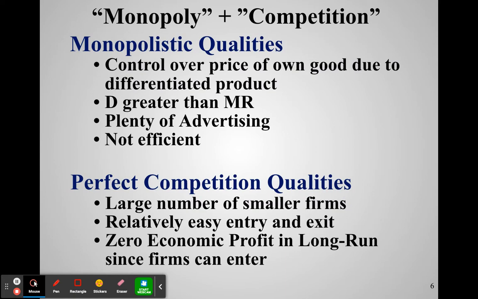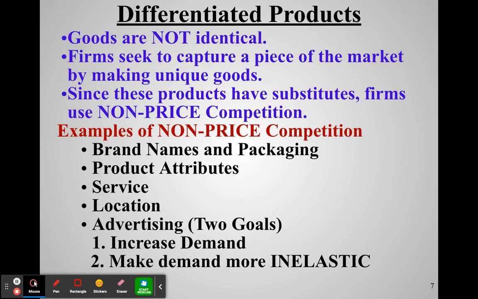But then other firms in the industry see that you're making a profit and they say, hey, I want in on that. So they enter the market. And then of course we know what happens. It affects demand. We're going to look at that on a graph here to see what happens in the short run and the long run as the industry looks at a monopoly, sees that they're making money, and says, hey, I want in on that.